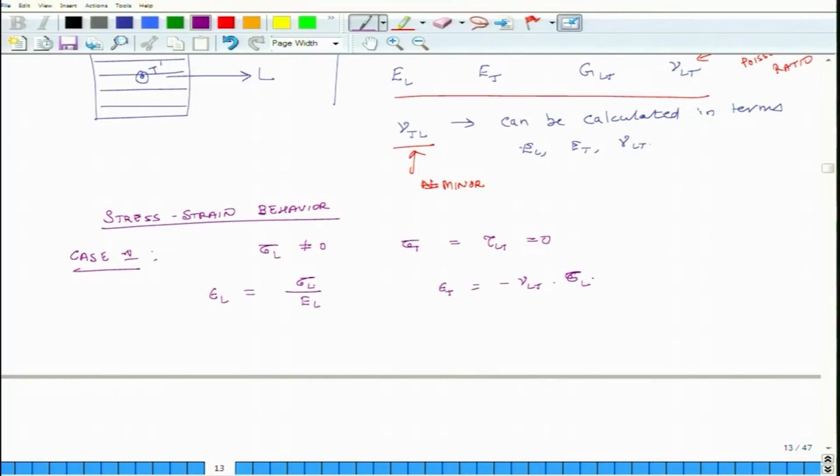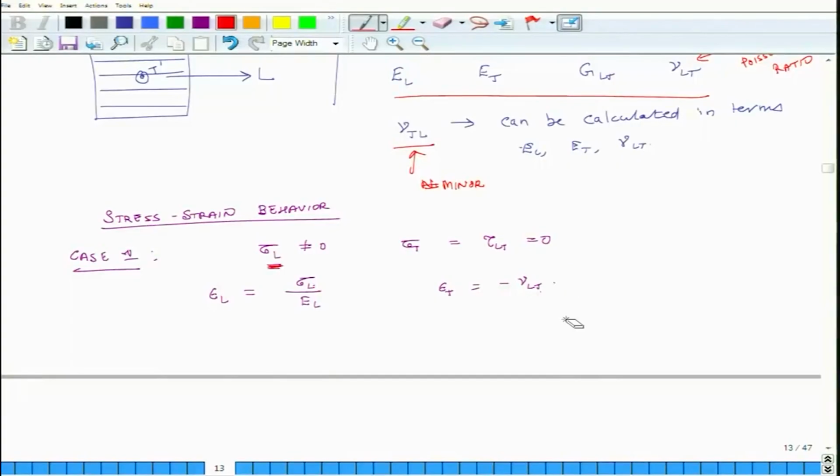It will be minus mu LT times epsilon L. Why is it mu LT? The first subscript tells us the direction of the loading. Direction of loading is the L direction, and the second subscript tells us the strain direction. So, strain is happening in the transverse direction because it is shrinking. So, epsilon T equals negative of mu LT times epsilon L. Okay.